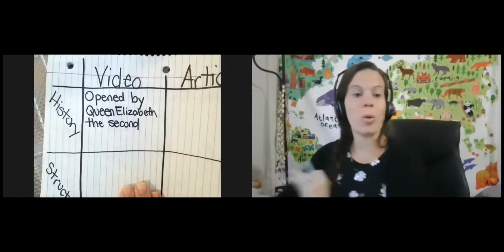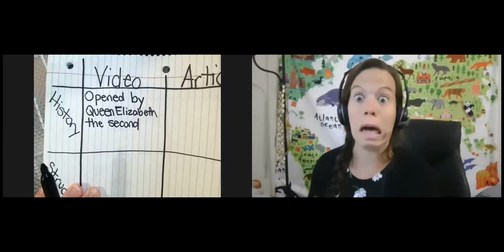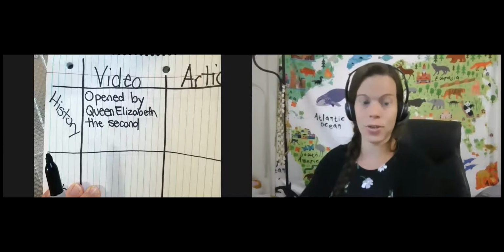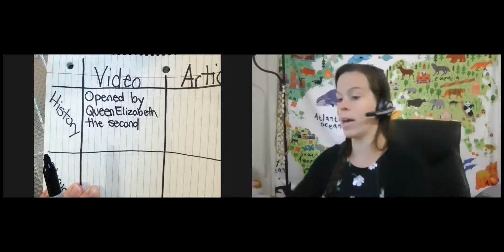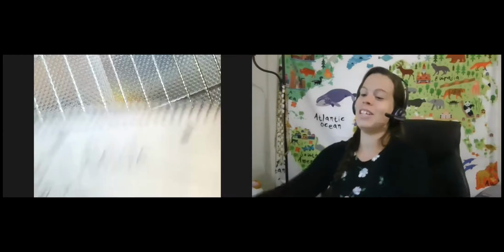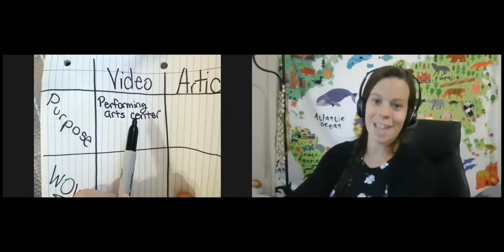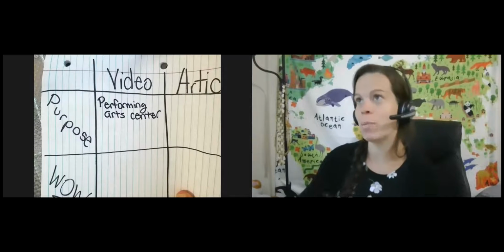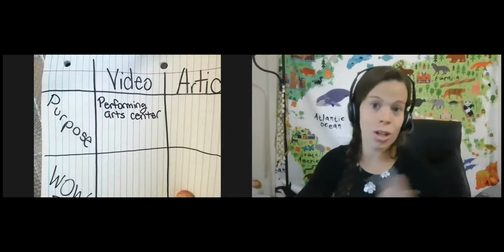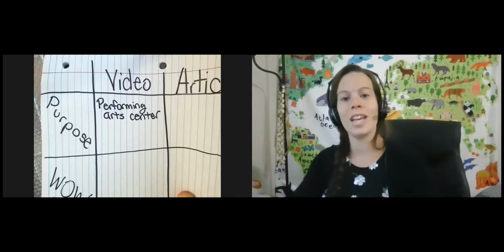Okay, opened by Queen Elizabeth II. That's part of the history of it. We're going to find a lot more information about the history. So I hope you're not writing in marker like I am. And then also, where's my other page? There it is. I also learned that its purpose was a performing arts center. Any performing arts, it's where you're dancing, you're singing, you're playing musical instruments. That's performing arts. Okay? So let me go back here and change this.